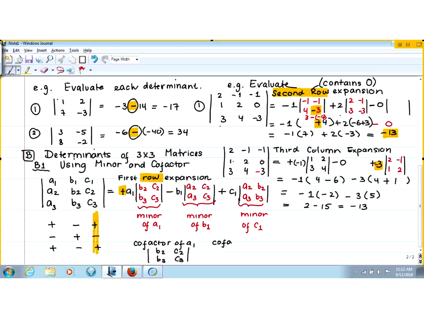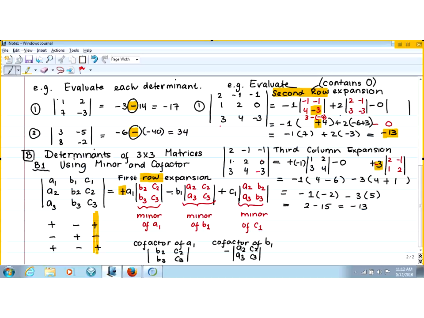Now, if you're being asked what is the cofactor of B1, then the sign is what for B1? Negative. So it's going to be minus of A2, A3, C2, C3.